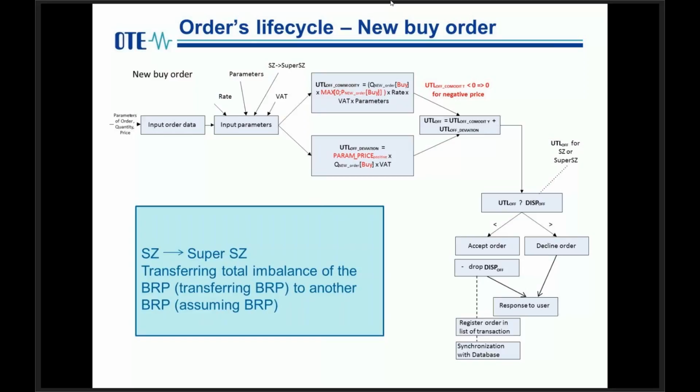If the utilization is not higher than the disposable amount or balance, then the instruction is accepted. In the opposite scenario, it is rejected. It can happen that the user has enough resources, but the party which receives the imbalance doesn't have enough resources left.